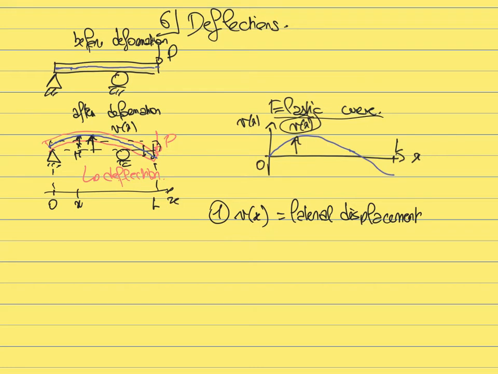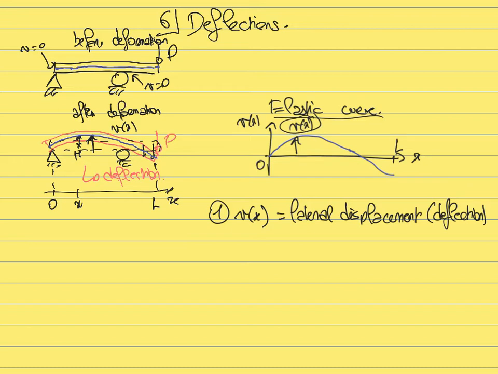So this gives you the amount of deflection that you have at a given position. For example, this deflection is necessarily going to be equal to 0 when the beam is attached to a pin or a roller at this position here. So that's the deflection of the beam.